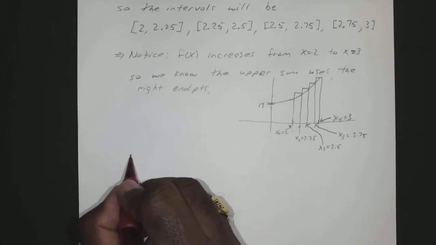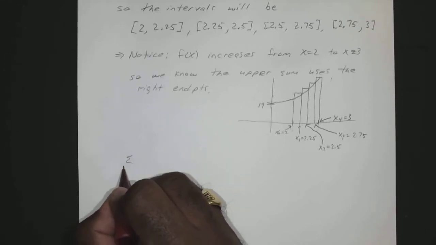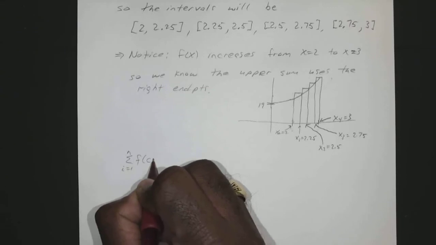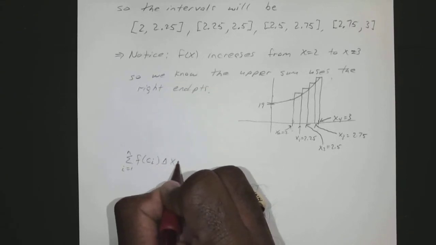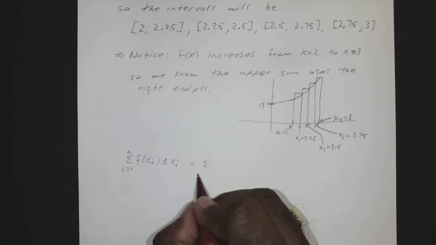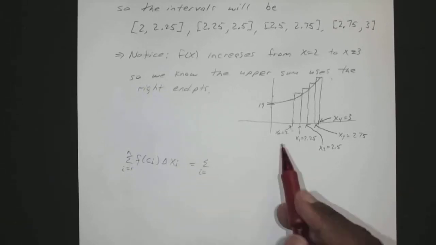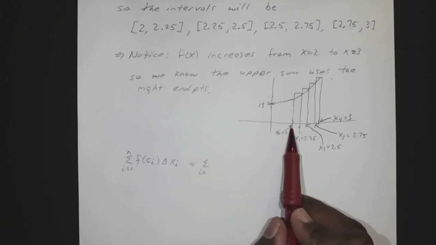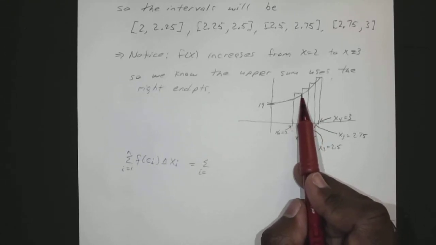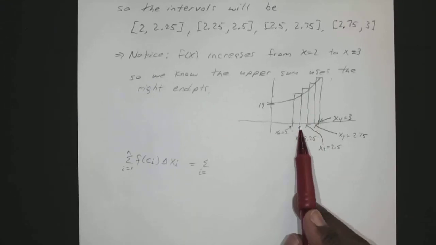So that means our sum from i equals 1 to n of f of c i delta x i is going to equal the sum. We're not going to start at 0. The reason is the right endpoint is the first one that's going to touch the graph, so we're going to start at that point.